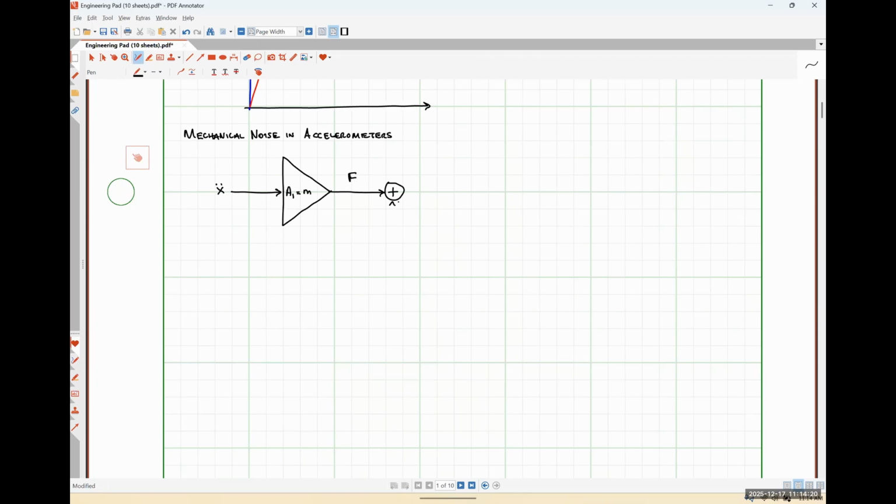So I'm going to add a noise signal here. F sub n with a bar over it will be equal to the root of 4 kB T times our damping coefficient gamma. And then the output of this sum is going to go into a second gain stage.